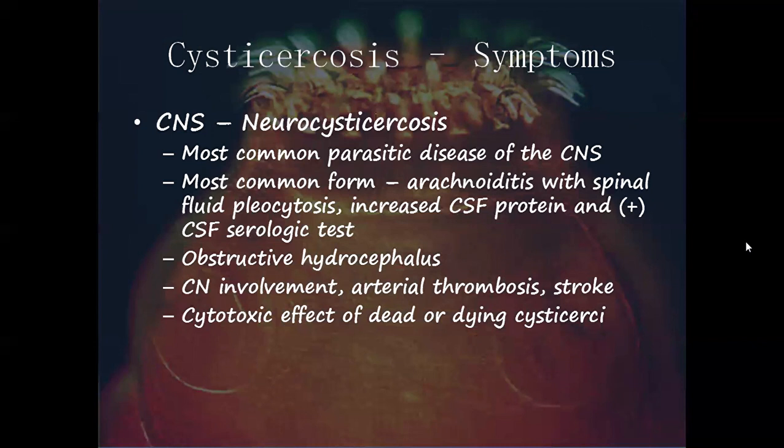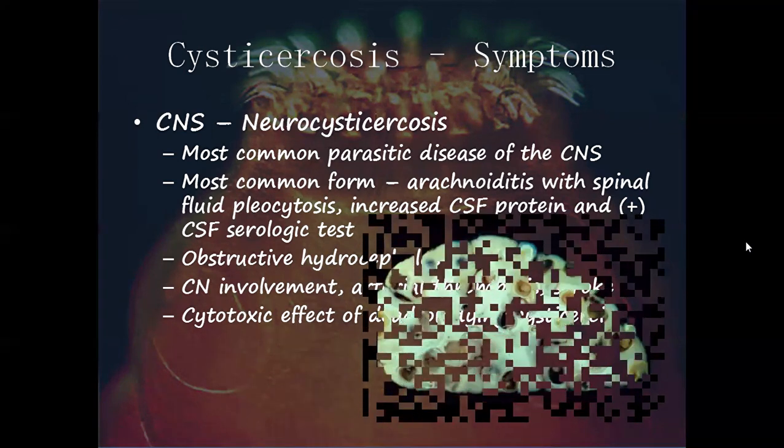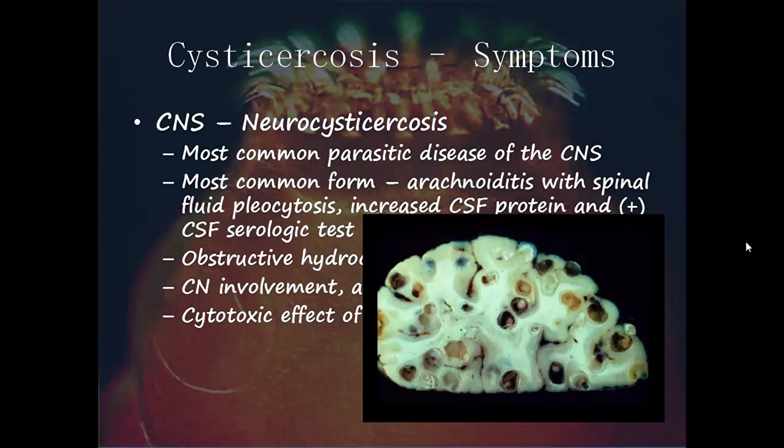In some areas, they can cause obstructive hydrocephalus, cranial nerve involvement, arterial thrombosis, or even stroke-like symptoms. If you treat them, the dying cysticercus can release cytokines and can have a cytotoxic effect on surrounding tissues. So that is a very severe form of neurocysticercosis, showing you a lot of cysticercus larvae in brain tissue.